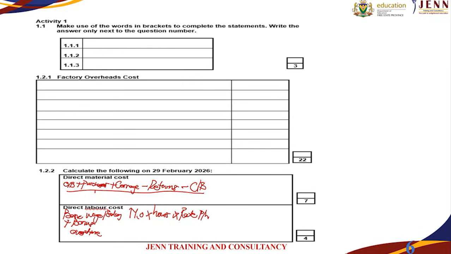Overtime will be the extra hours that the employees worked, so we still have to pay them for the hours that they've worked. The rate can also be determined by the business, of how much they are going to give for overtime. So we also have to calculate and add that as well. And then lastly, that will be the employer's contribution. Remember, in grade 10, we did the salaries journal and wages journal.